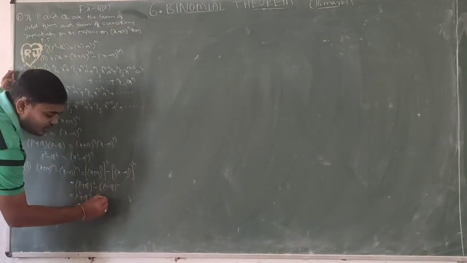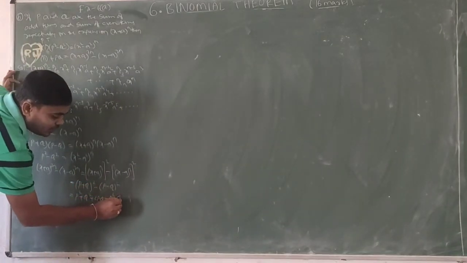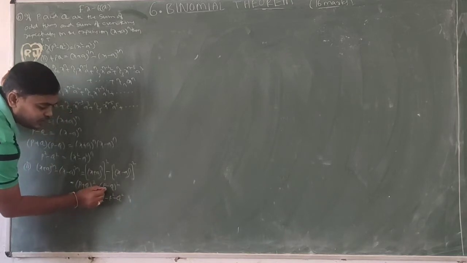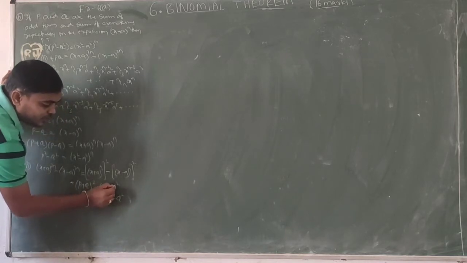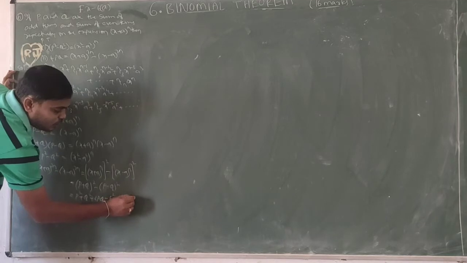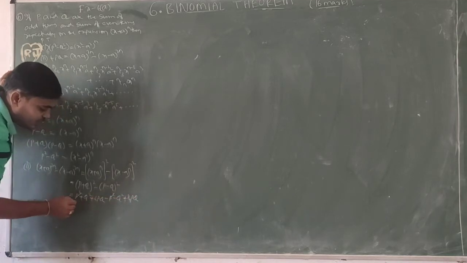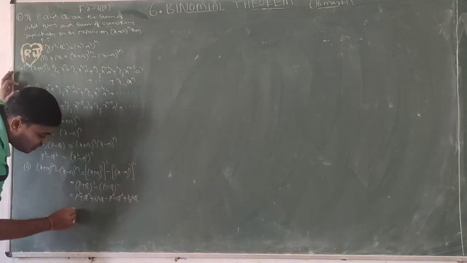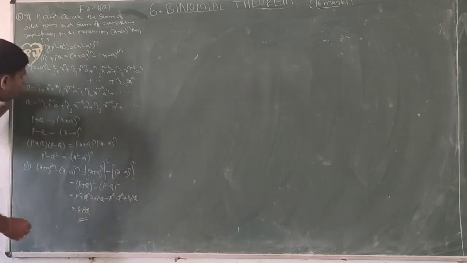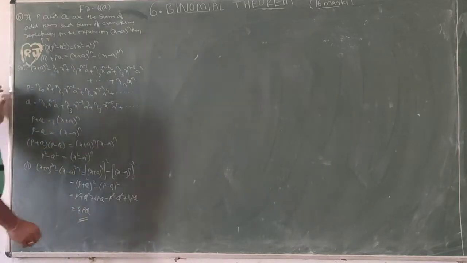Since it is minus, the terms become minus p square minus q square plus 2pq. So p square cancels, q square cancels, 2pq plus 2pq is 4pq. So this is the required solution.